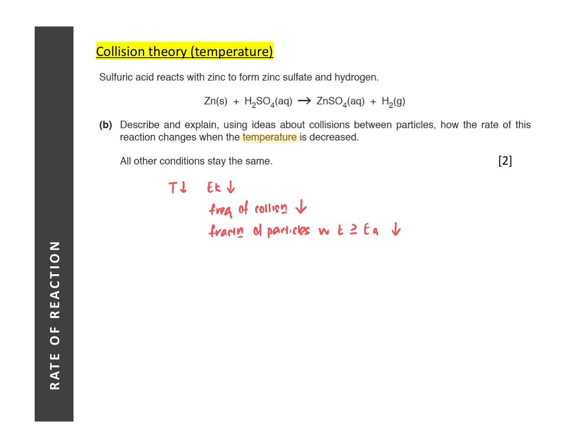Now that the particles have less energy, the number of particles with enough energy for an effective collision would therefore be less. So that is an important factor. Due to these two factors, your frequency of effective collisions would then decrease, and therefore rate would decrease.